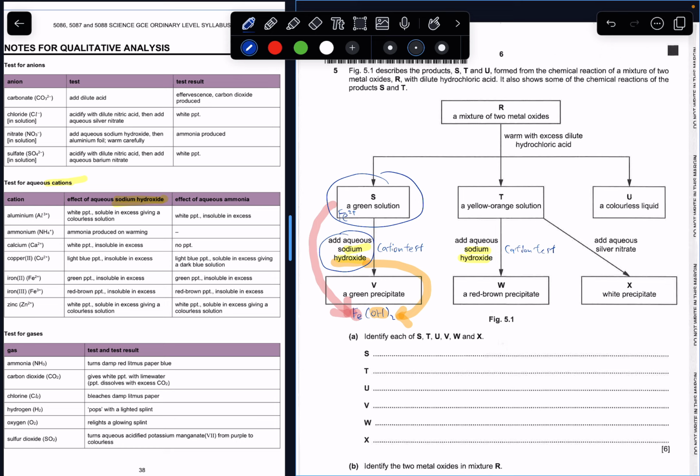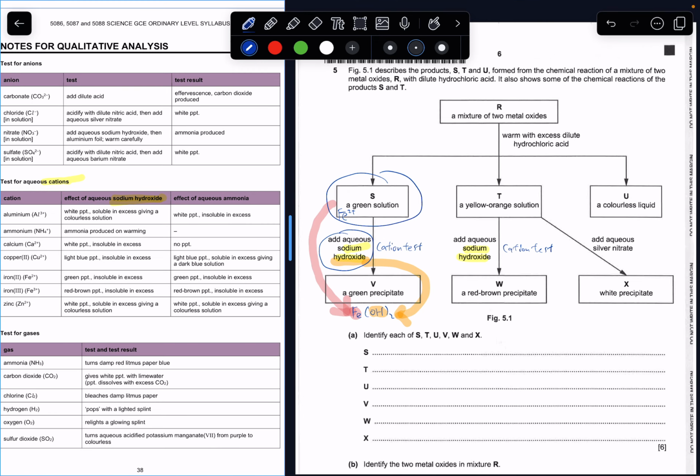Then let's take a look at the other segment, the middle one. Another cation test. In this case, you get reddish brown. Actually, if you look at this table here, the easiest cation tests are the ones with color, because they are fewer, and in the lab you have probably done it before, and the colors are usually quite nice, quite distinct.